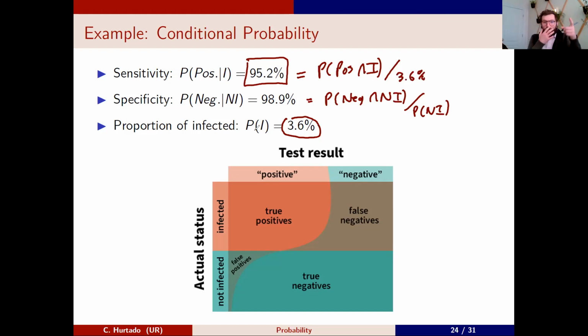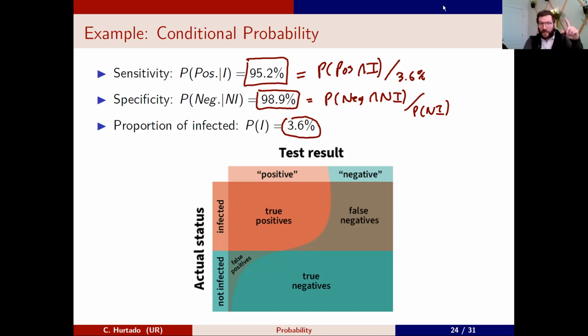And then for the next equation, we know that the probability of negative given not infected equals 98.9. And we also know that if the probability of being infected is 3.6, the probability of not being infected is equal to the complement.